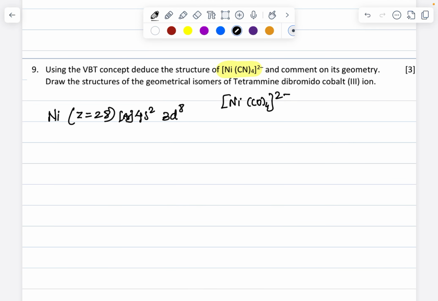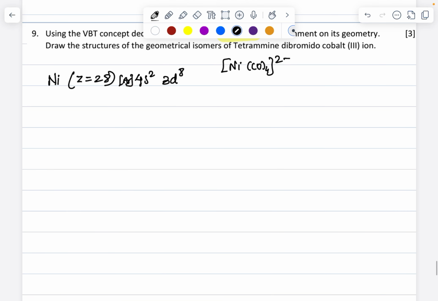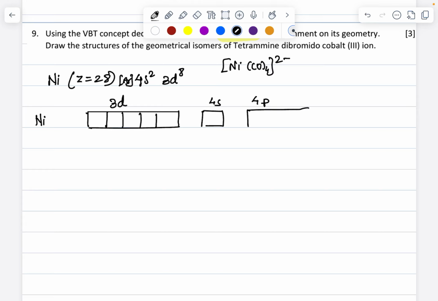So nickel, I'll write first: 3d, 4s, 4p. Maybe only this much is required till 4p for a coordination number 4.